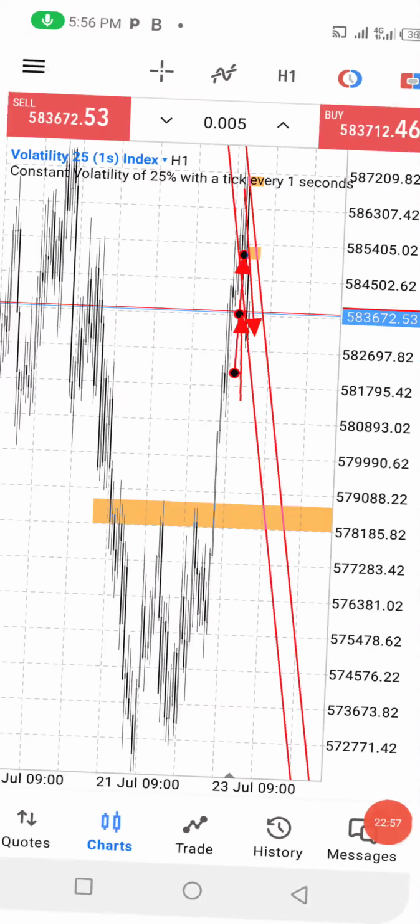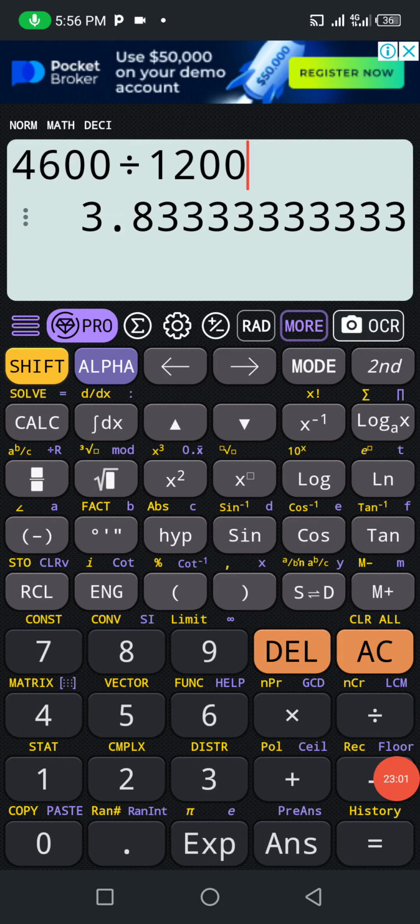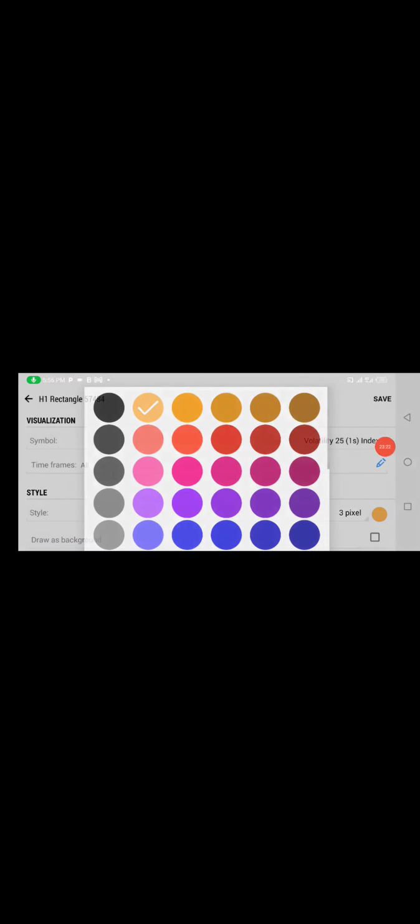So the risk reward will be around... let's check the risk reward. The stop loss is around 1,200 pips. So the risk reward will be 3.83. Okay, that is very massive. We know our entry, we know our exit. So our exit is this. Let me change the color to green.